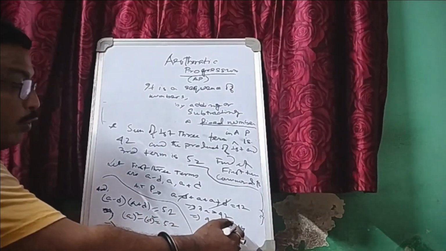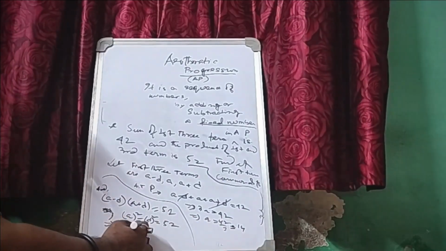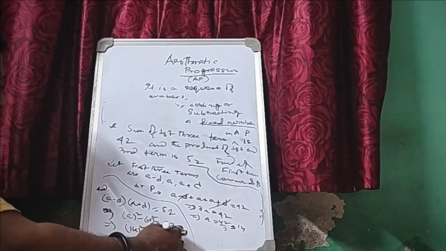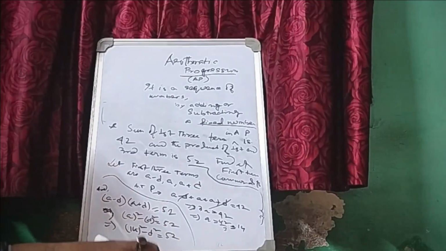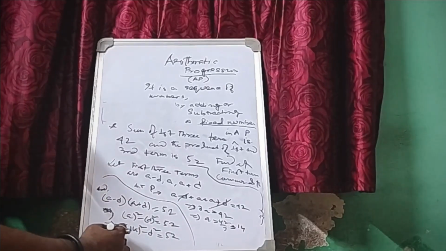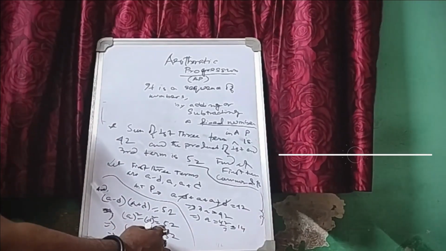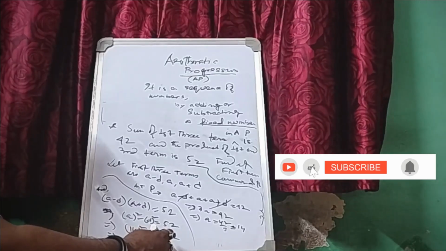We have already calculated the value of a. So 14 square minus d square is equal to 52. 14 square, that is 196, minus d square is equal to 52.